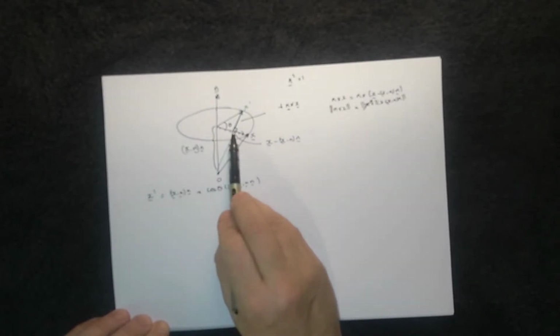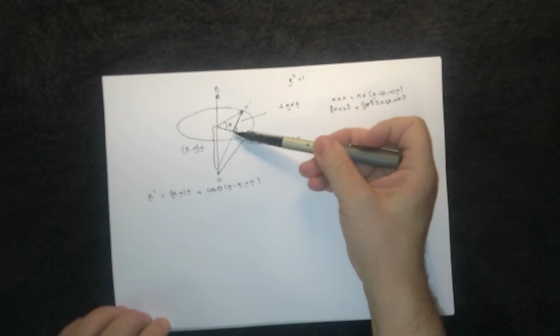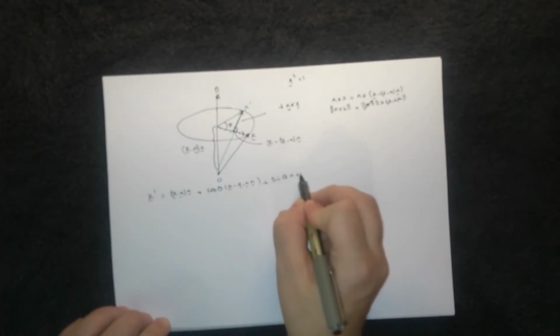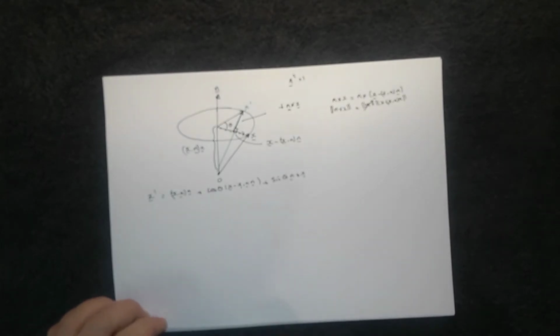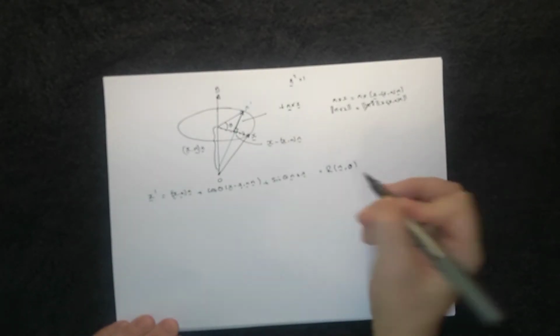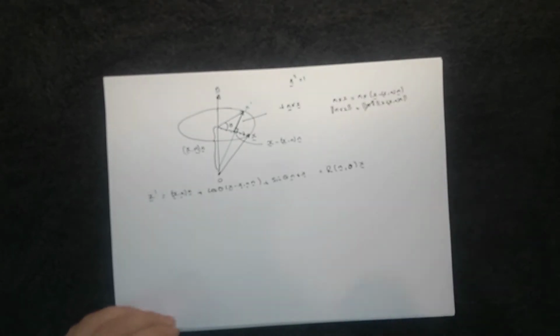That's that part there. And then we have sine theta times n cross x, and we call that rotation with axis n and through an angle theta.